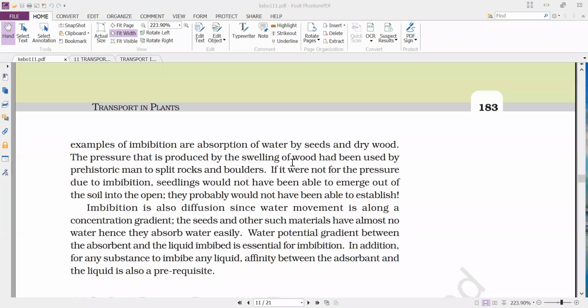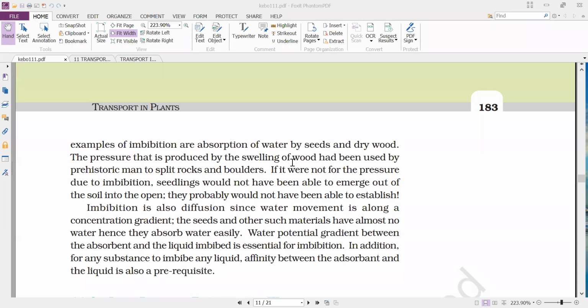As a result of the absorption of water by the seed due to imbibition, the seed will swell. That means the cotyledons or the embryo present inside the seed will swell.